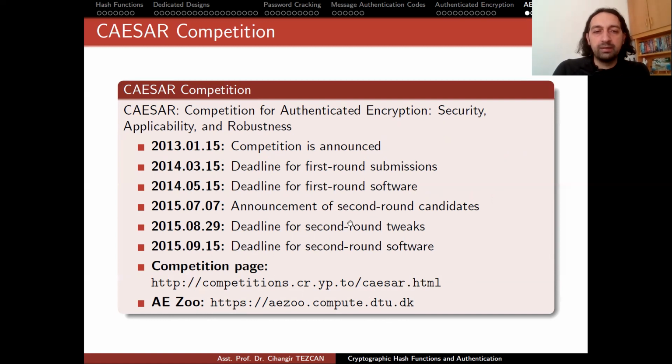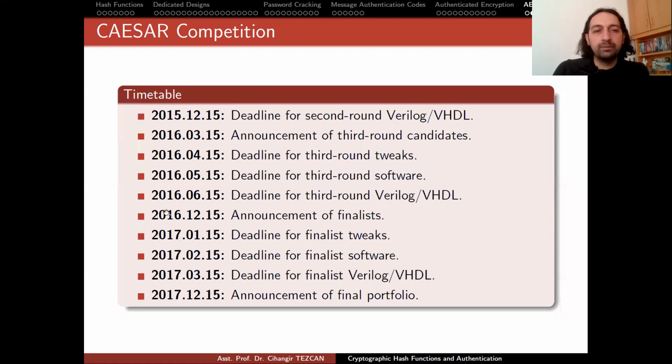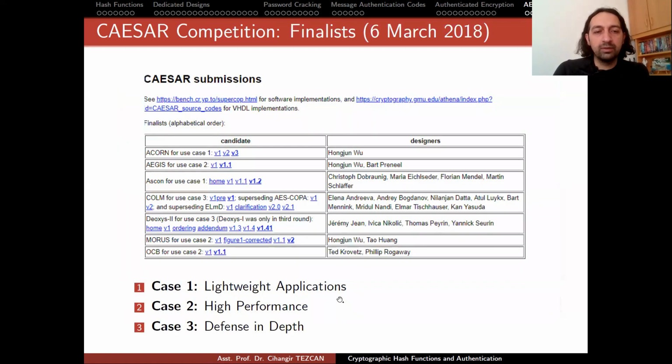The second round candidates were announced in 2015. And I think, yes, at the end of 2017, the final portfolio was announced, and it is this. They divided it into 3 use cases. Case 1 was lightweight applications, case 2 high performance, and case 3 defense in depth.